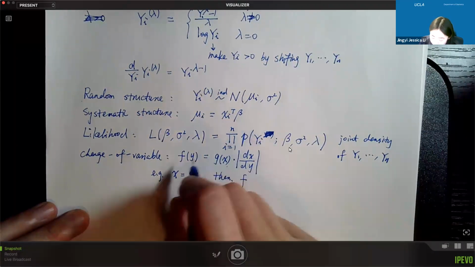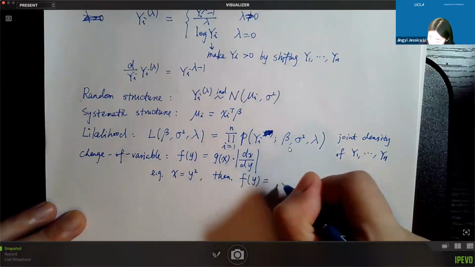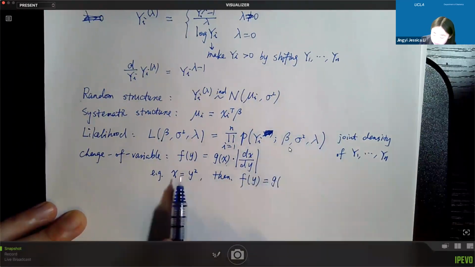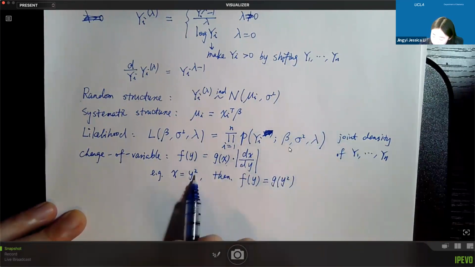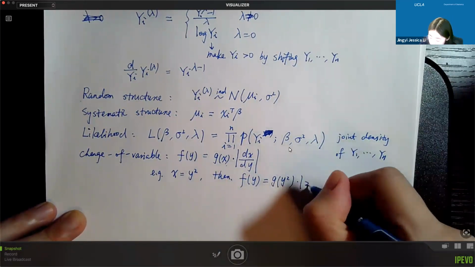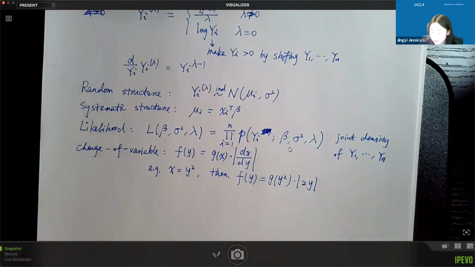So x must be a function of y. Then f of y is equal to g of x, where x is y squared, so I plug in y squared, and dx dy is 2y, the absolute value. So that will be the density of y based on the density of x and this transformation. That's the change of variable.